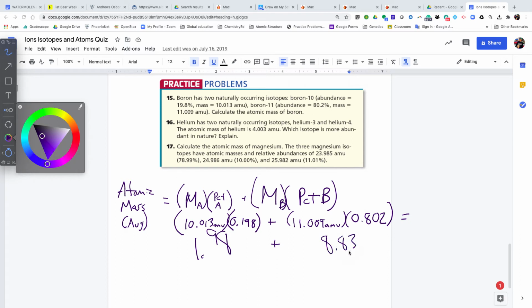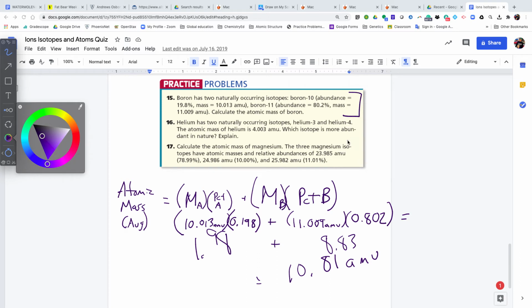If we add those together, we get 10.81. We're going to round to the hundredths place. There's my average atomic mass. So that's this one here.